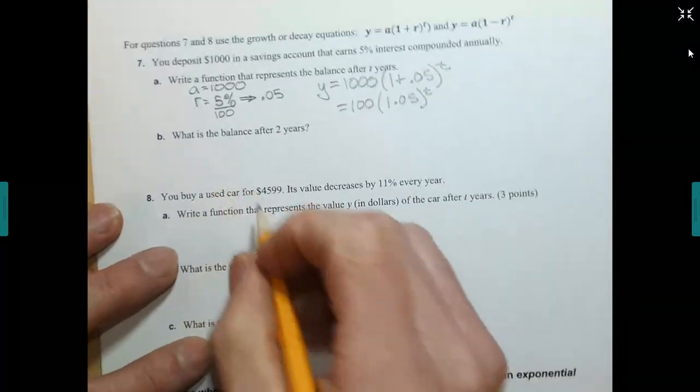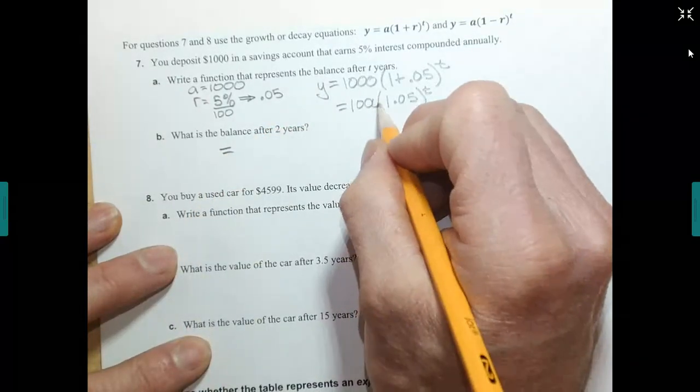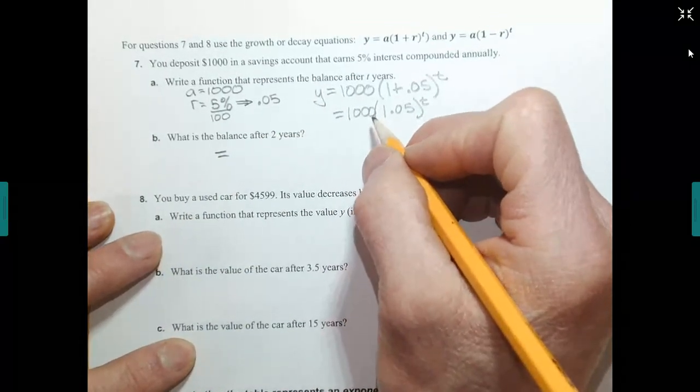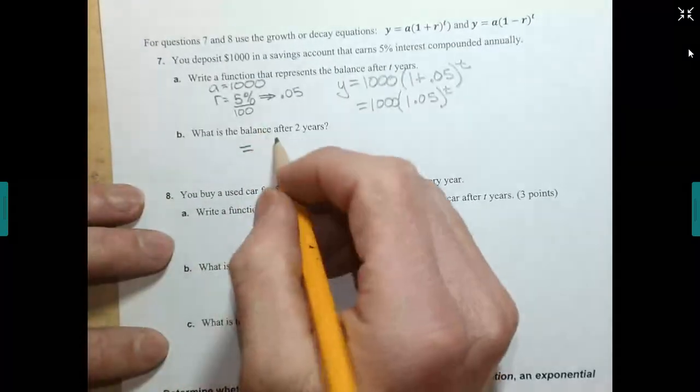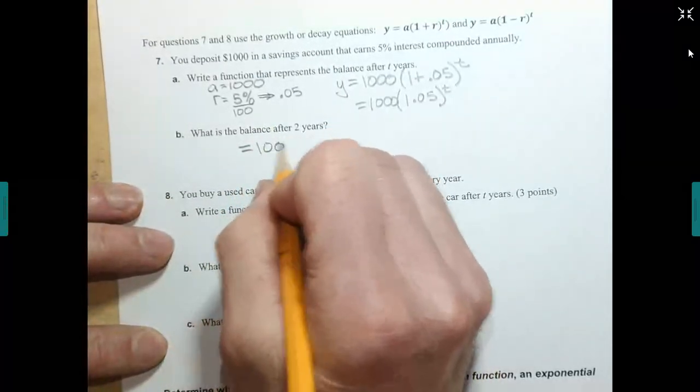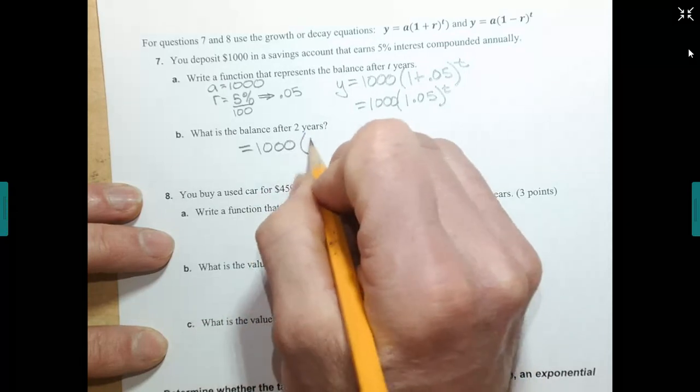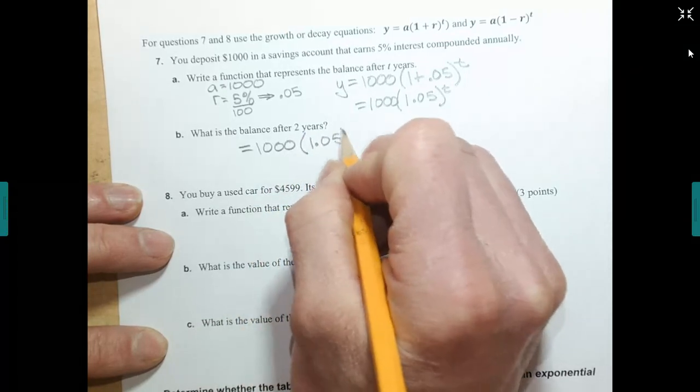What's the balance after 2 years? Oops, that's 1,000, not 100. The balance after 2 years would be 1,000 times 1.05 to the 2.